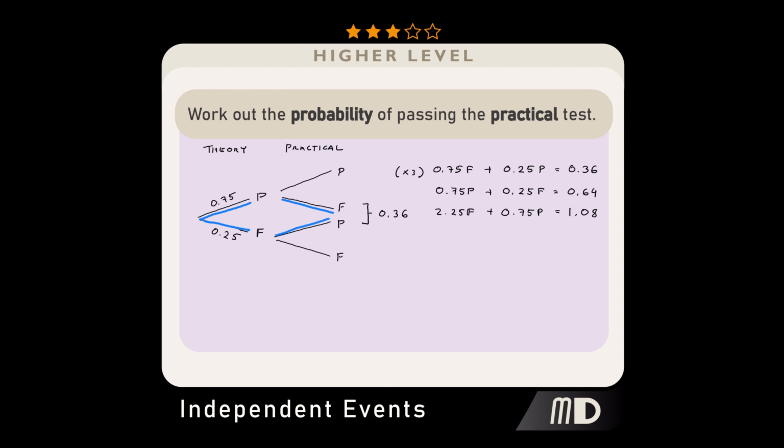And we can see that we have a 0.75p term in both equations, which we can eliminate by subtracting both equations.